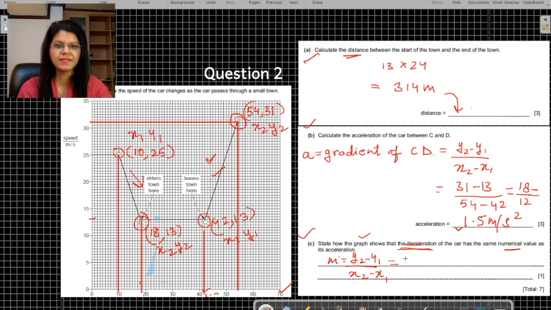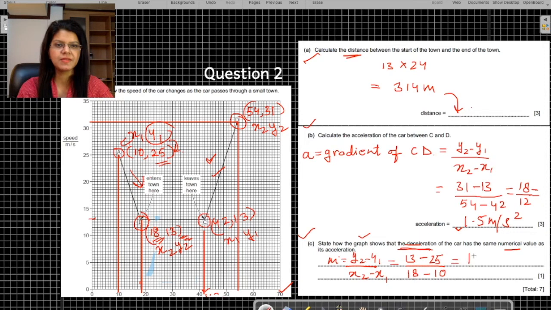y2 is 13, minus y1, which is 25. x2 is 18 minus x1, which is 10.